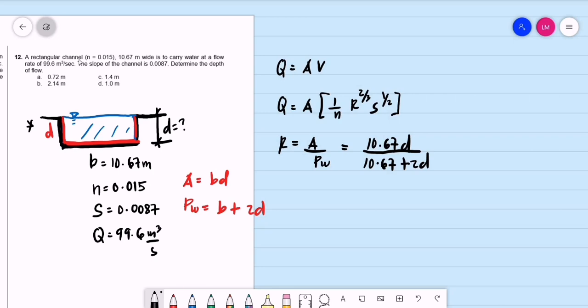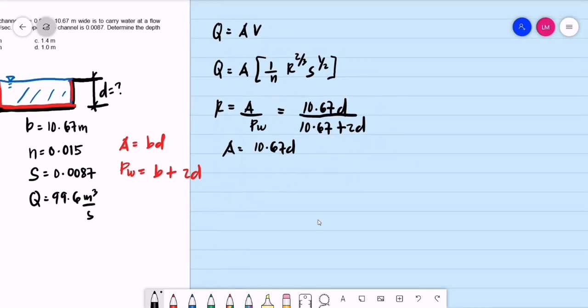So again, the area is 10.67 meters wide times the depth of flow. Now all we have to do is substitute in this equation.